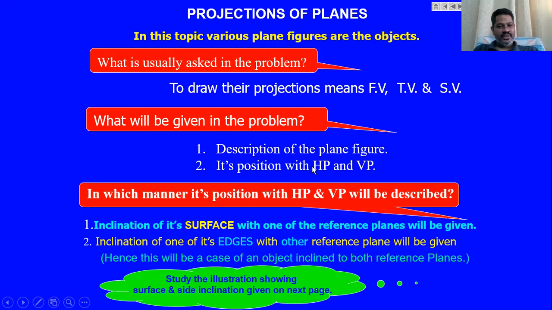Position means the distance at which the plane is located with respect to the reference planes. Those position coordinate values will sometimes be given in the problem.